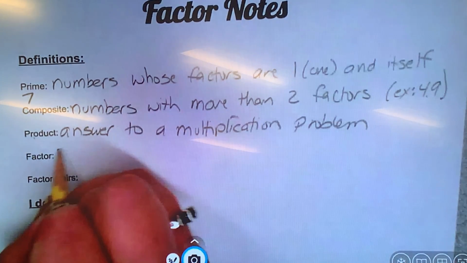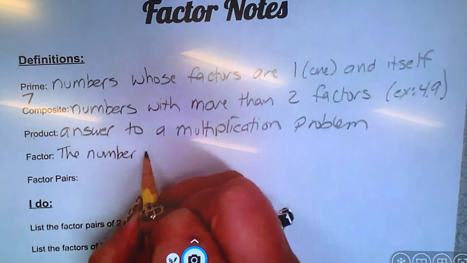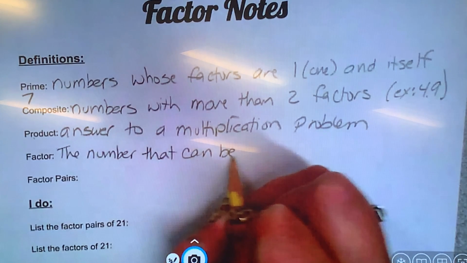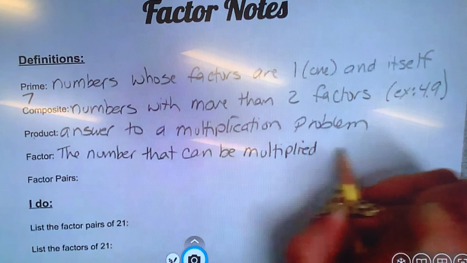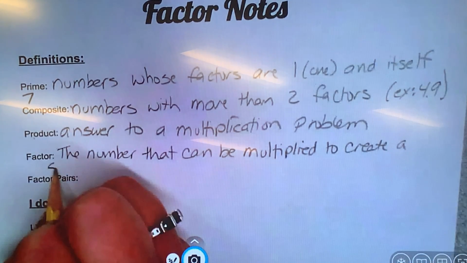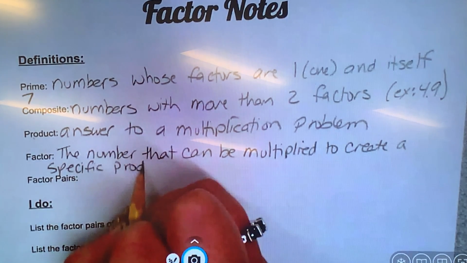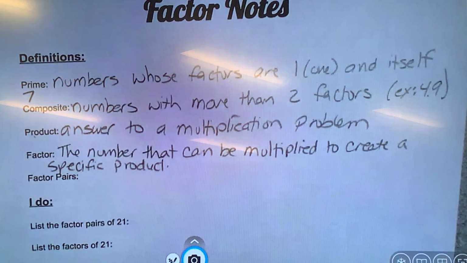Factors are the numbers that can be multiplied to create a specific product. The numbers that can be multiplied to create a specific product.